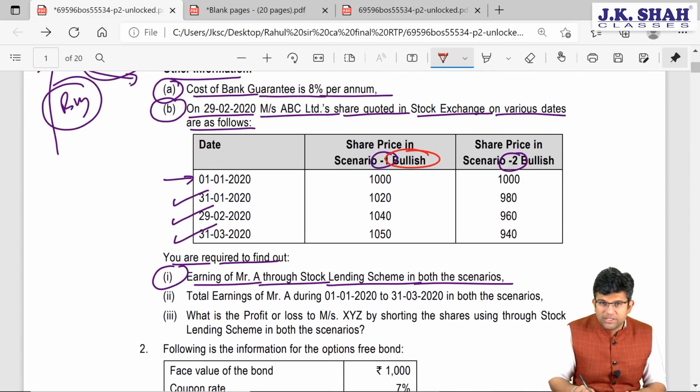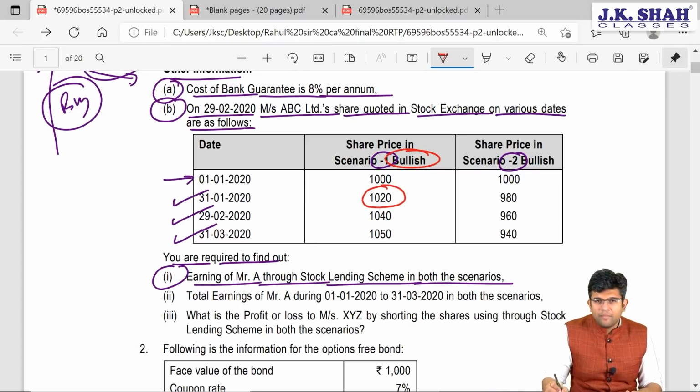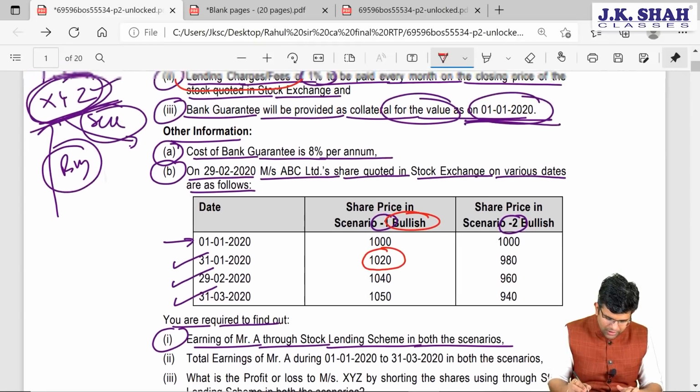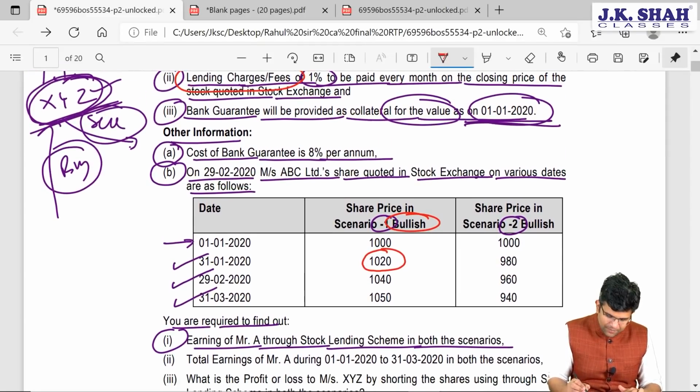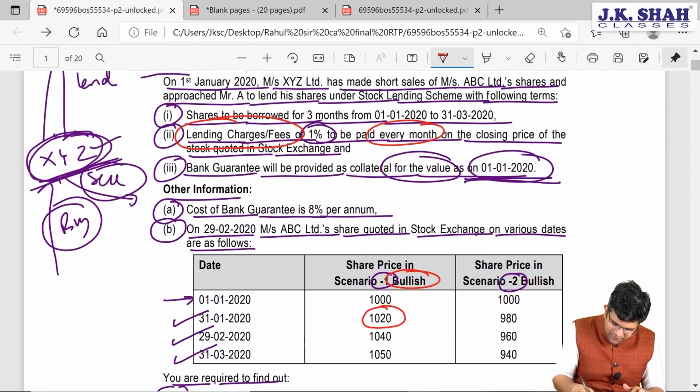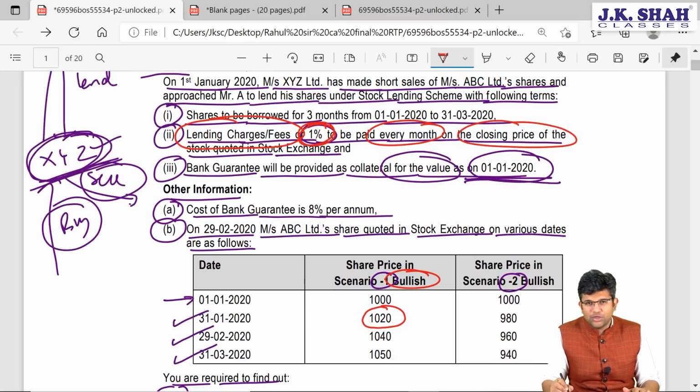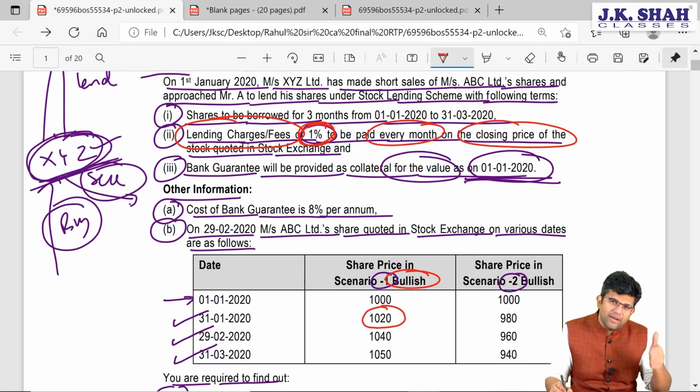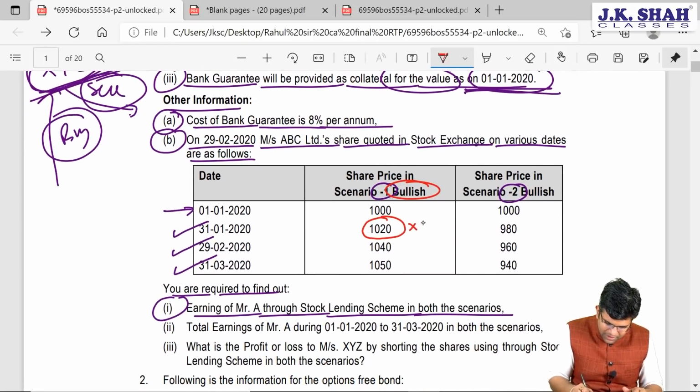As far as bullish scenario is concerned, do you realize the first number that we will be looking at is the price of the share at the end of the first month, 1020. This 1020, children, do you realize is the share price at the end of every month, closing price of the stock, and on that 1% has to be paid by XYZ Limited to A. So this into 1%.